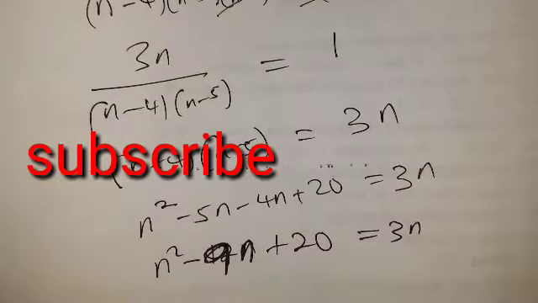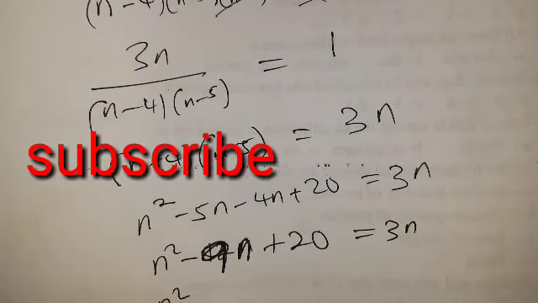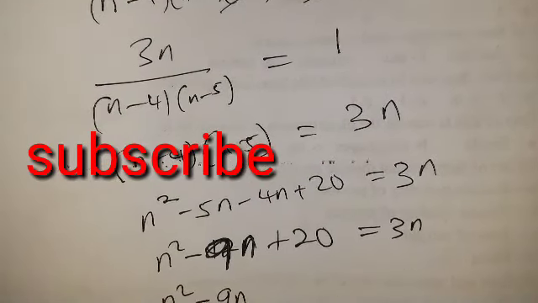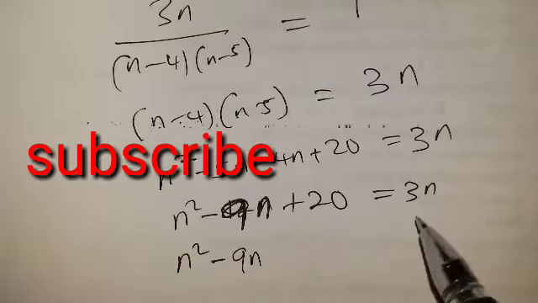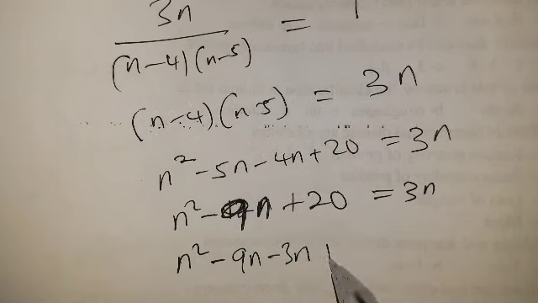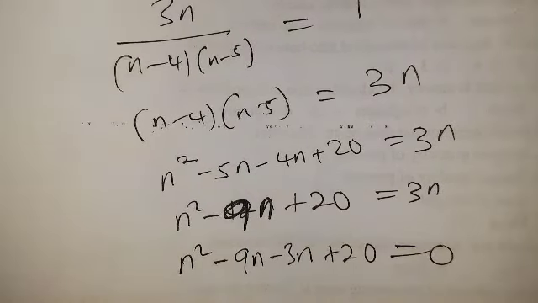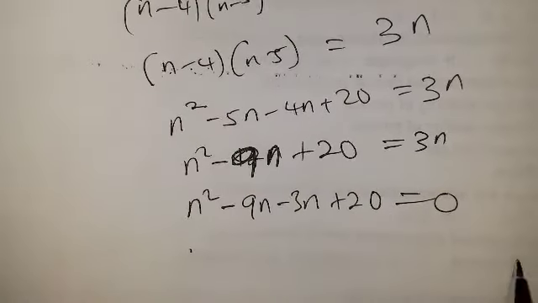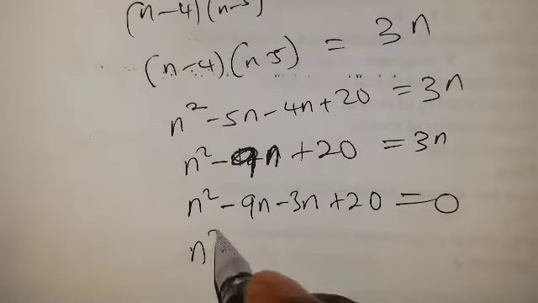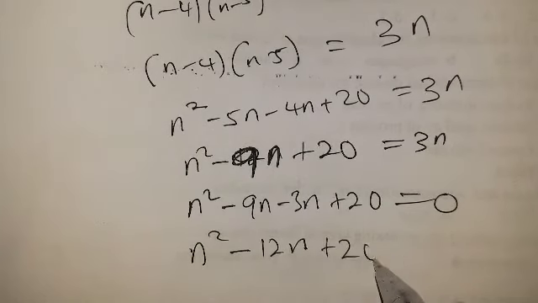So you collect the like terms: n squared minus 9n, when you allow this 3n to come here, then plus 20 equals 0. Now you have n squared minus 12n plus 20 equals 0.